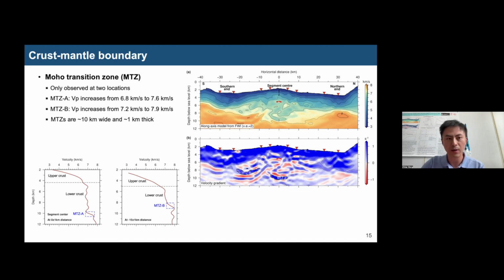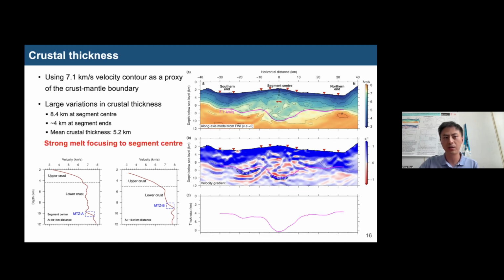So to investigate the crustal thickness variation, we use the 7.1 kilometer per second velocity contour as a proxy of the crust-mantle boundary. As shown in figure A, the magenta curve is the 7.1 kilometer per second velocity contour. And figure C shows the crustal thickness variation.